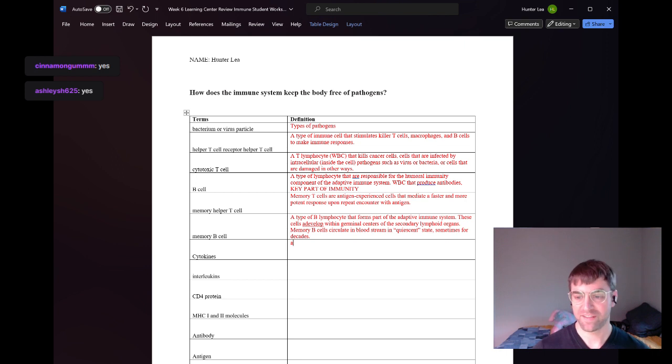Cytokines. Cytokines are a lot of different substances, but these include interferon, interleukin, growth factors, which are secreted by specific cells of the immune system and have an effect on other cells.